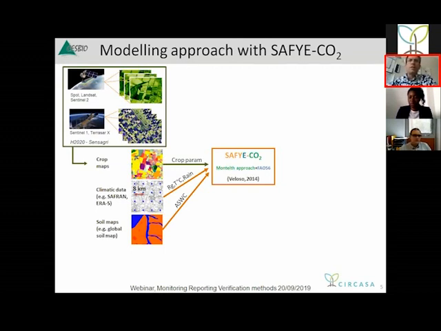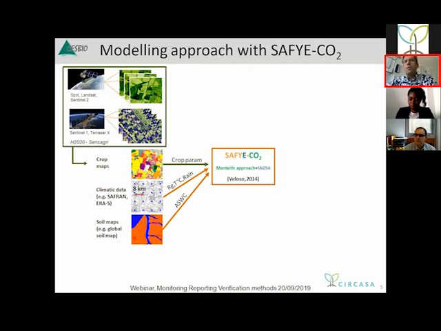From this, we define some specific crop parameters in the model. So we have different parameters for wheat or for maize, for instance. And then as input in the model, we need some climatic data, global radiation, temperature, rain, and eventually some soil maps in order to estimate the available soil water content.